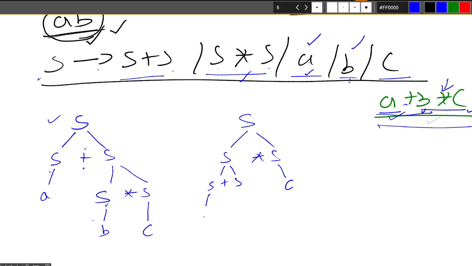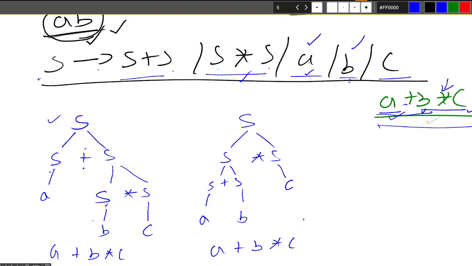This S can be replaced by a and this S can be replaced by b. In both the cases, from this derivation tree, if you read the terminals from left to right, you will get a plus b star c. Here also you are getting a plus b star c.